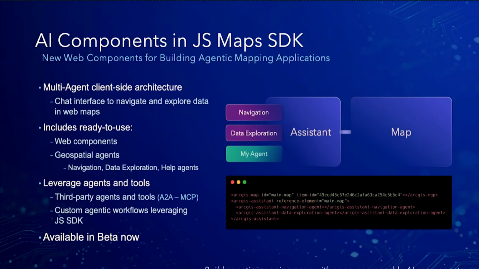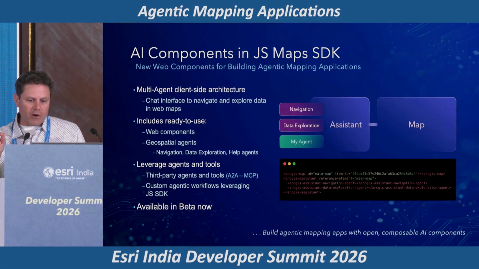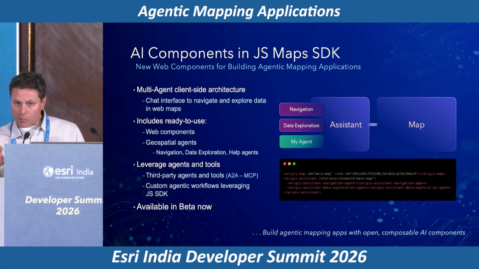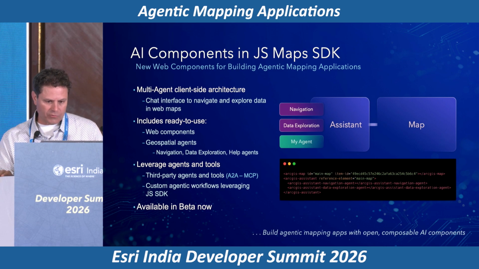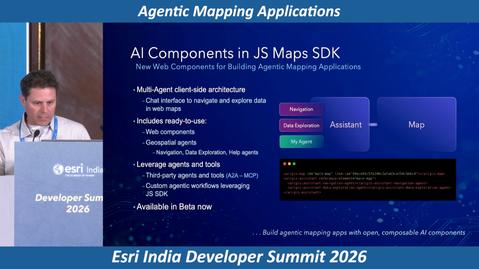We recently released new AI components in our JavaScript SDK. They're currently in beta, but they're available for you to use in the latest release, and they operate against ArcGIS Online. Enterprise is coming. These components are interesting because they leverage a multi-agent client-side architecture. So this means that you literally have an orchestrator that's running within your browser.